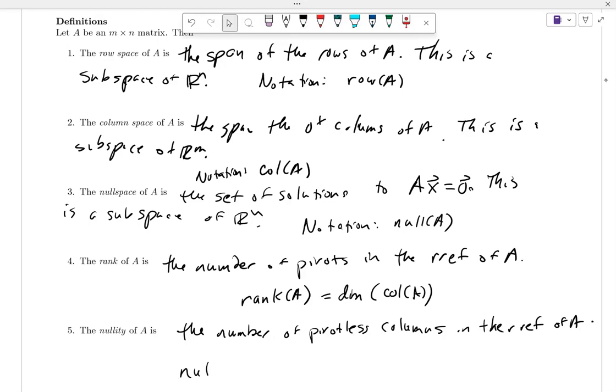No super fancy notation. If I want nullity of A, I actually write out nullity of A. You really want to abbreviate it as null, but we're already using that for a different thing.